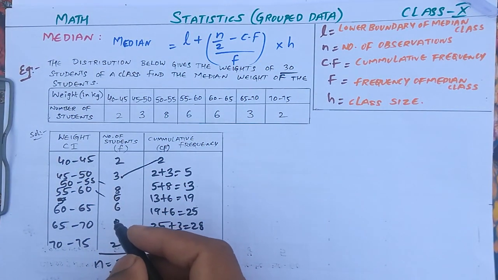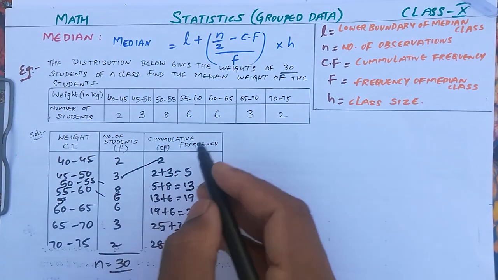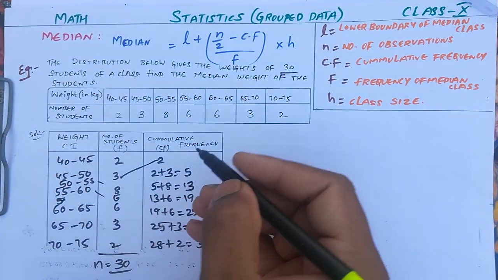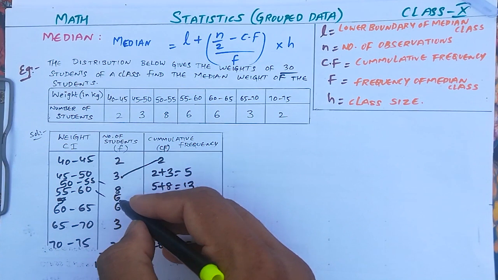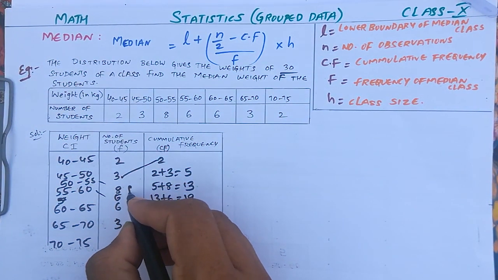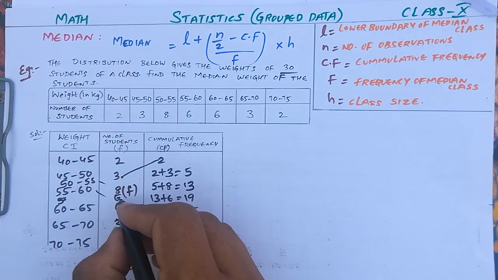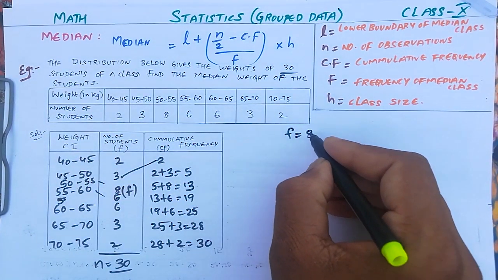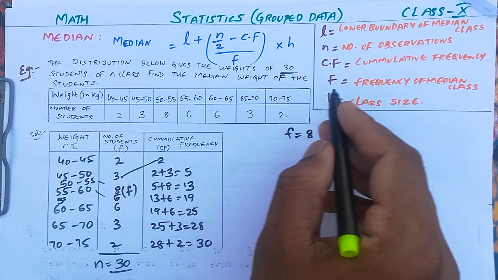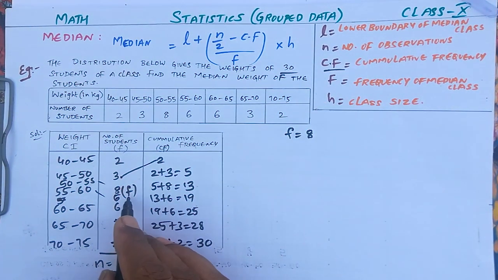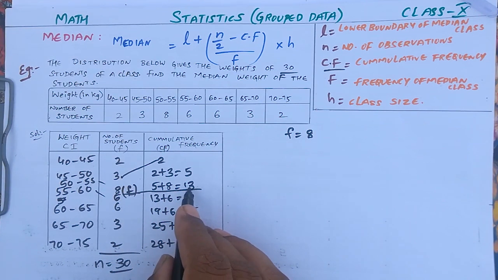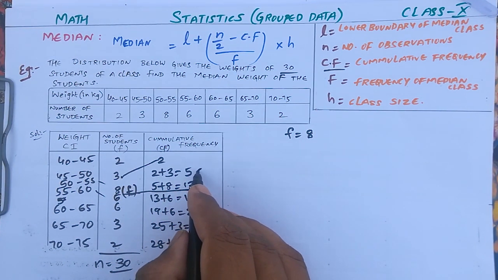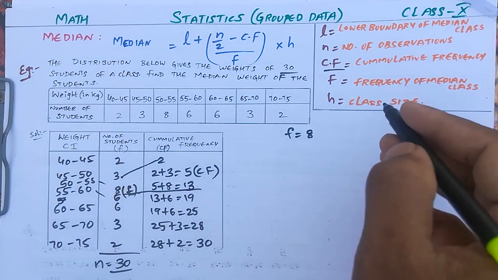First, finding the f value, the frequency value. In the frequency values, we take the largest number as f, that is 8. F equals 8. With respect to f, take the cumulative frequency value: beside that leave the value, and the value above it will be the Cf value, that is 5.